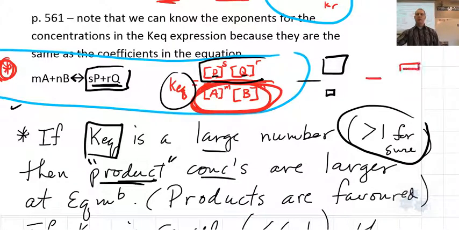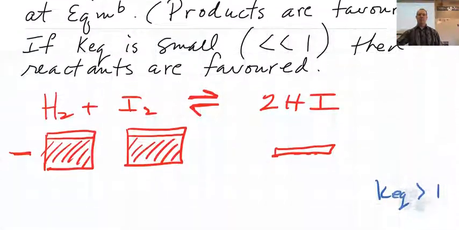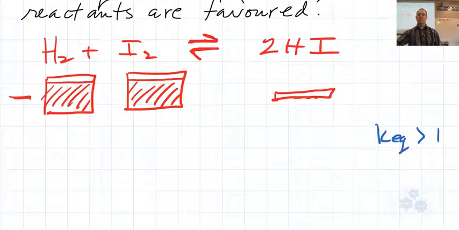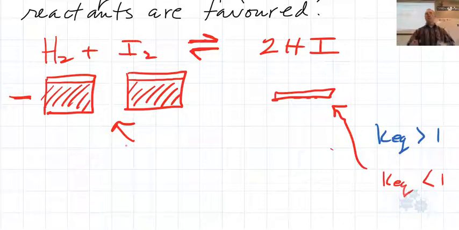So that would be a very small amount here, a very large amount here, and that turns out to be a small number, a number that's less than 1. Okay? And so you're going to have numbers that are greater than 1 or between 0 and 1, because it can't be negative. So if KEQ is less than 1, between 0 and 1, that's what this would be. The reactants are favored. At equilibrium, you have more reactant.